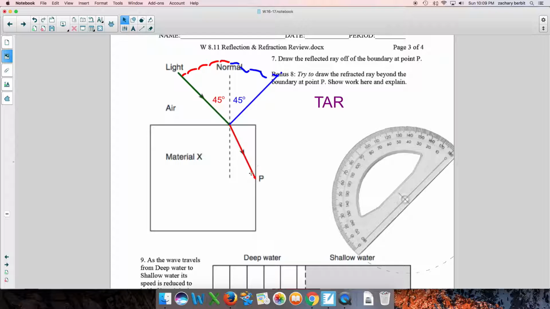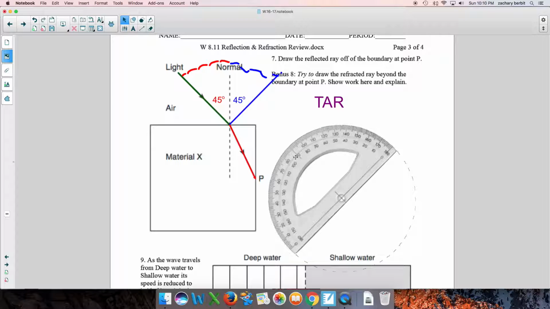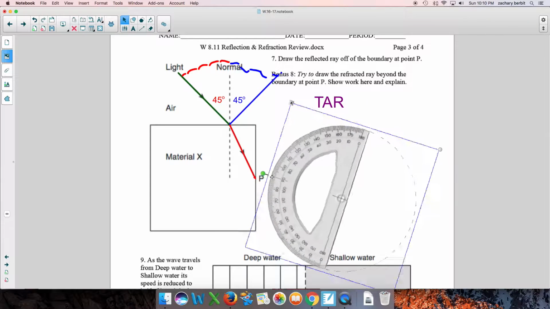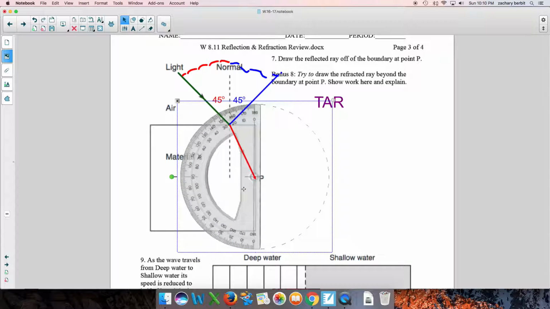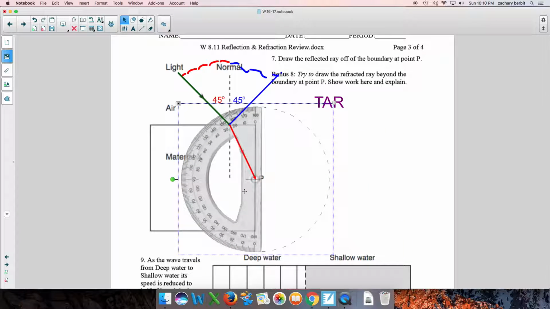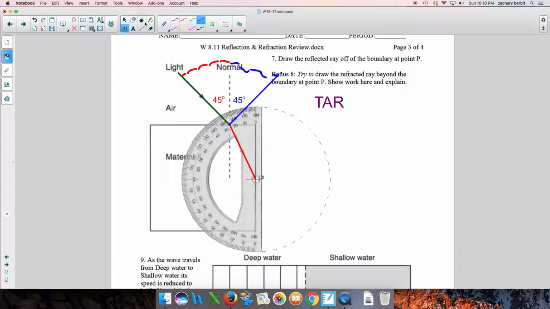And so how will you possibly deal with this? Well, first and foremost, you got to go back to basics. This new incident ray strikes the boundary at point P, so you need a new normal line. The normal line is perpendicular to the surface, so come over here, get to just the right spot. Looks like right about there. And so you can mark for yourself.